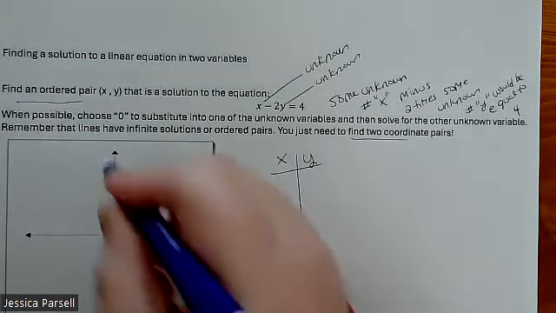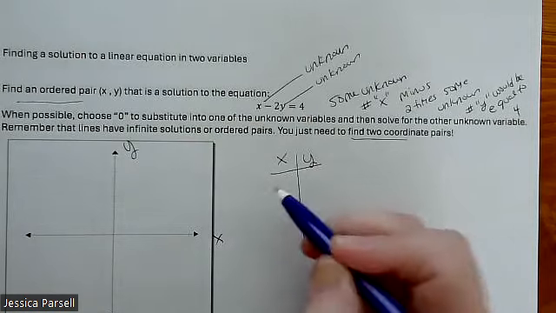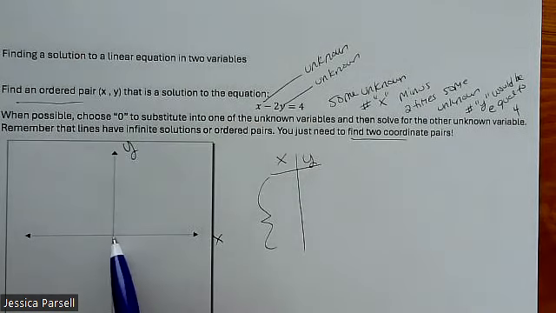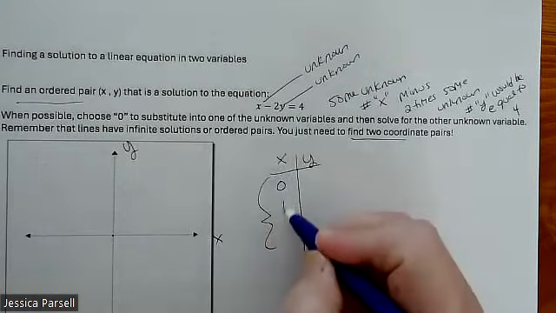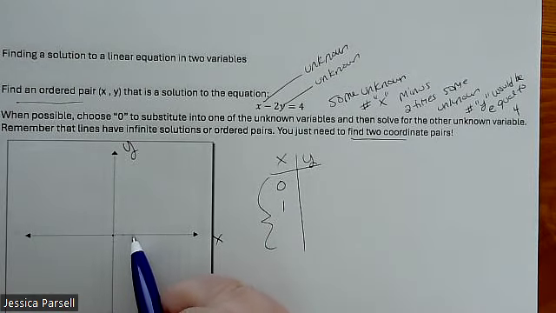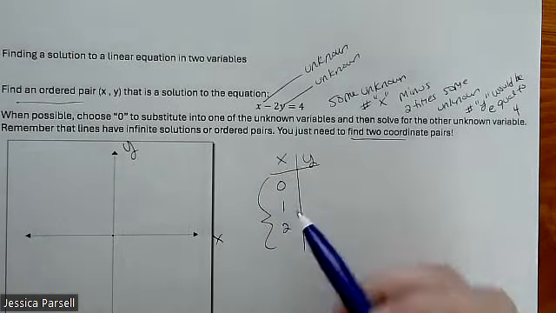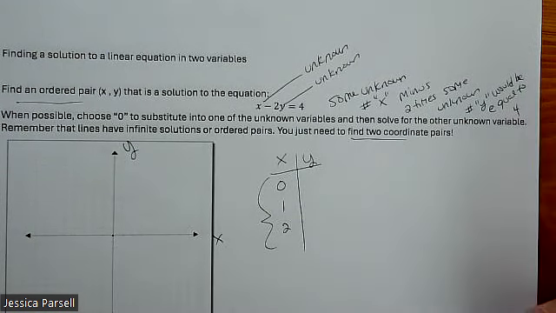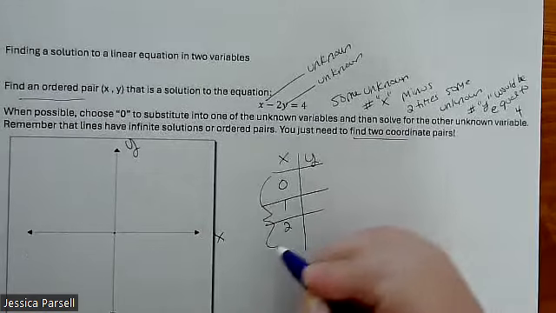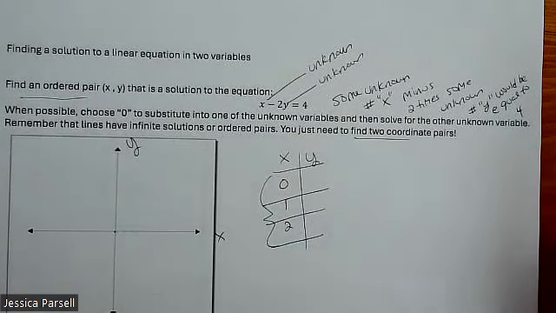If you think about your xy coordinate plane, you want to choose some x values that are right around the origin. So maybe 0, maybe 1, maybe 2 for x. You want to pick low values of x that you could see on the graph. We'll probably just choose 2 of these.